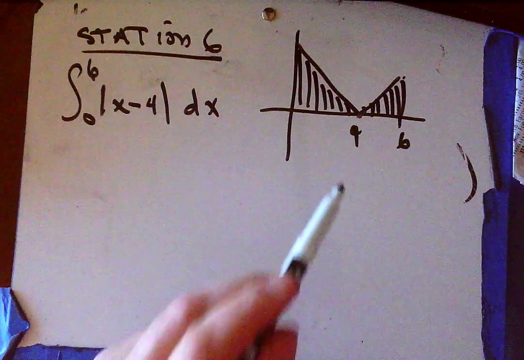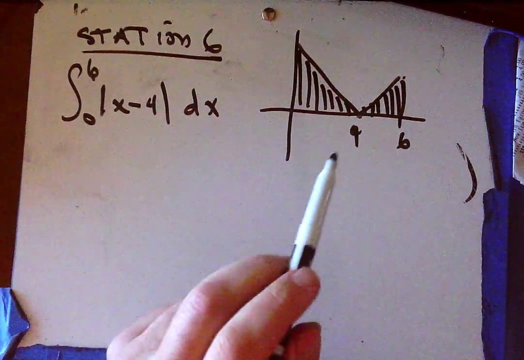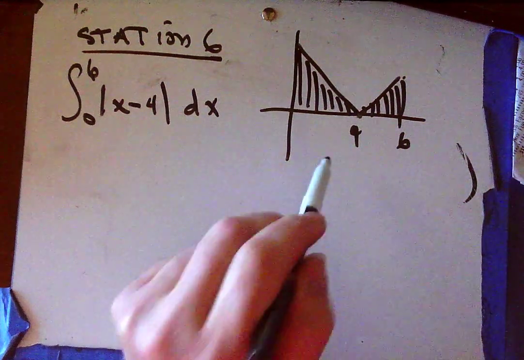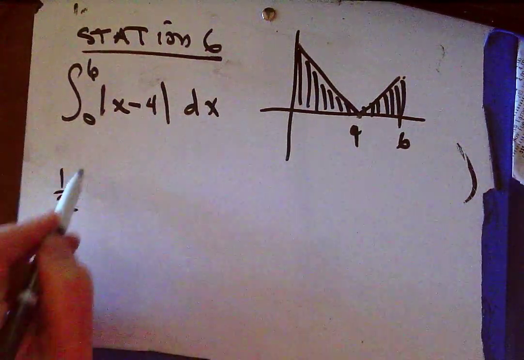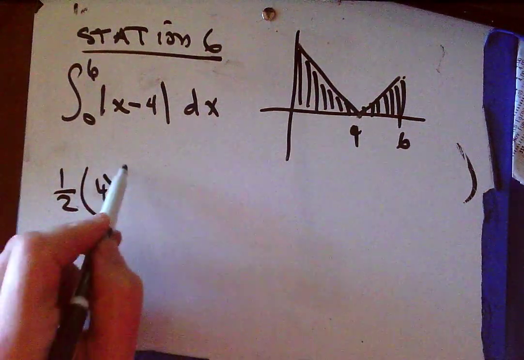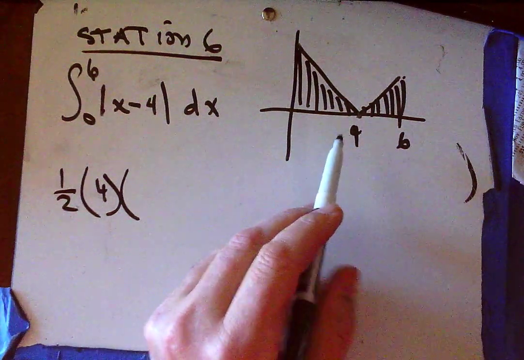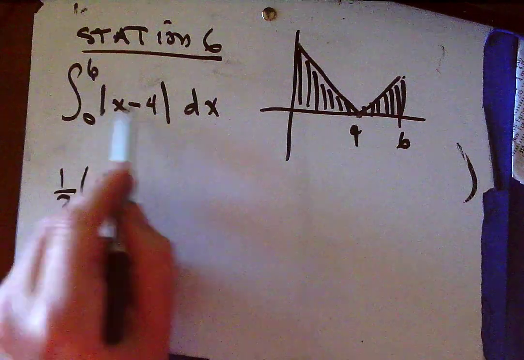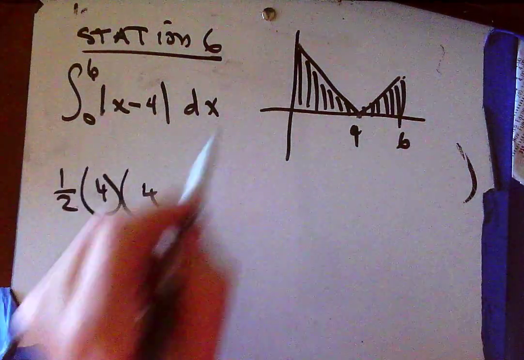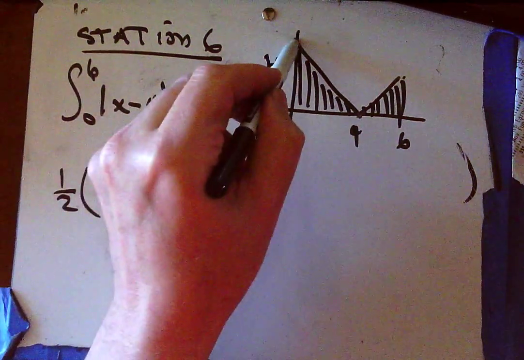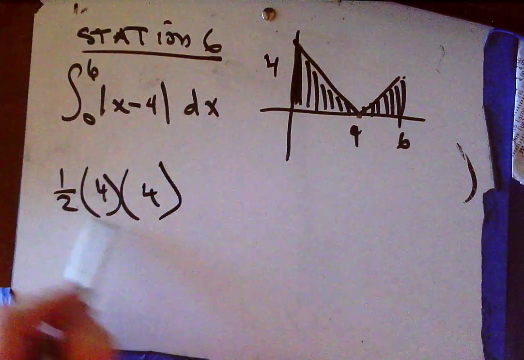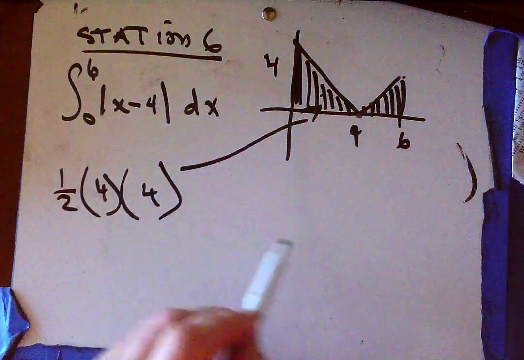And so this is a situation from last December when we say, oh, look, I'm going to appeal to the geometry of the situation. 1/2, a base of 4, a height. If I plug a 0 in here, I get the absolute value of negative 4, which is 4. So this is 4. Now, this is the area of this first triangle.